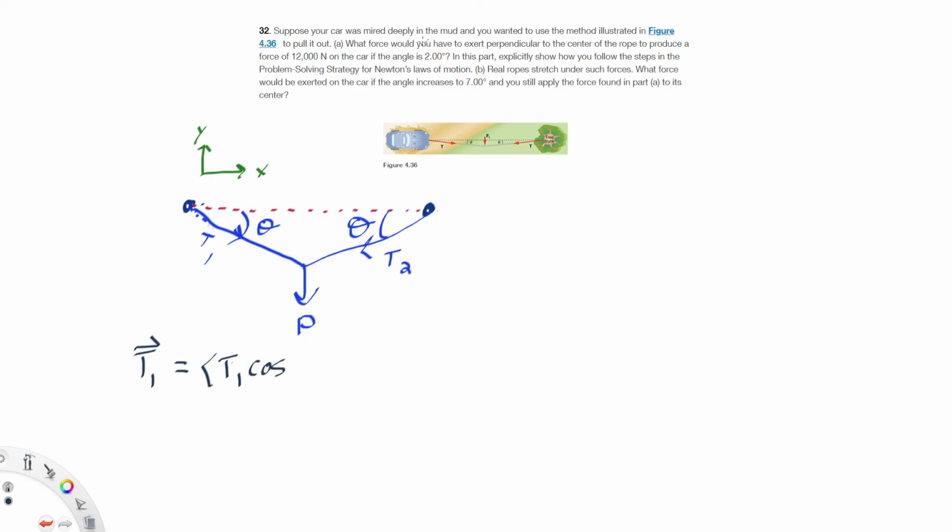And we're told the angle is exactly 2 degrees in this case. So cosine 2. And the y direction is going to be negative. T2 is going to be real similar, except it's pointing to the left and down. That'll be negative in the x direction and negative in the y direction.